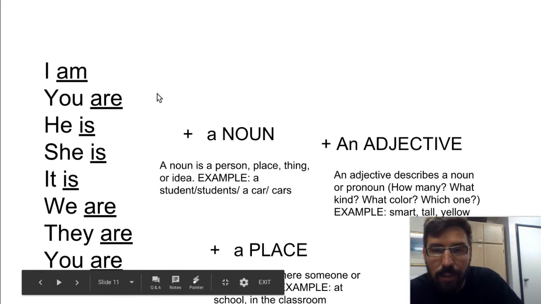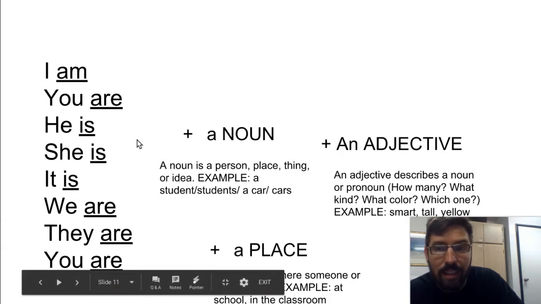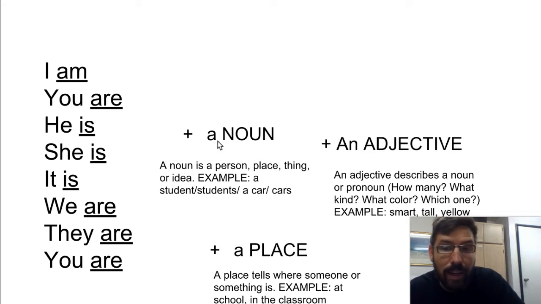And I want to tell you, and we are going to talk about this a little bit later, actually, in the next few slides, but all of these to-be verbs always have either a noun, an adjective, or a place at the end. So I can say I am, and then I can use a noun, right? So I am a student, or I am a man, right? In English, we could say I am a car. I'm not a car.